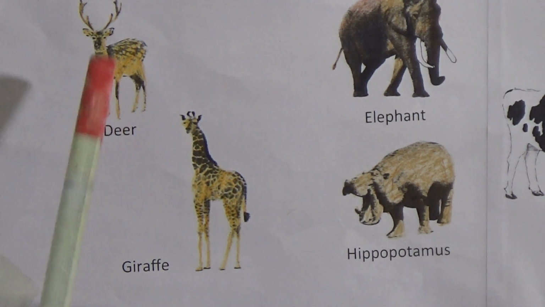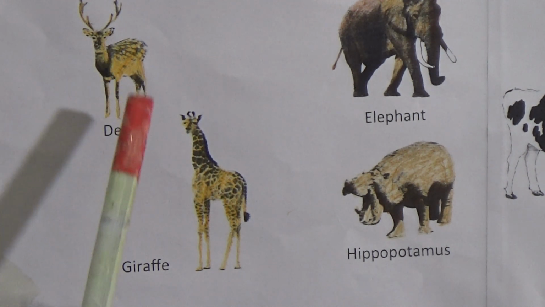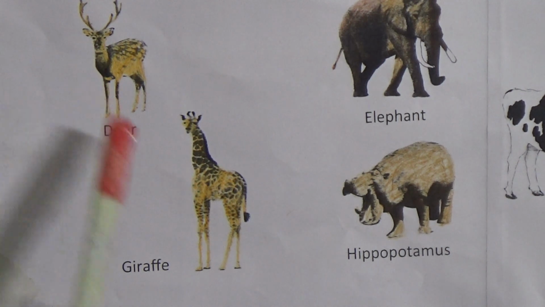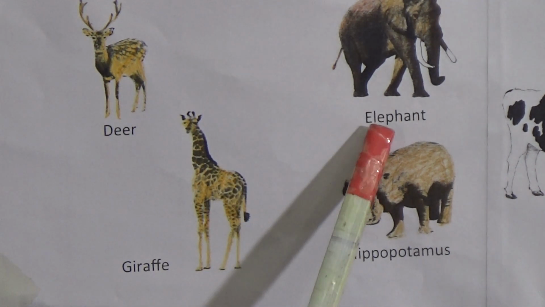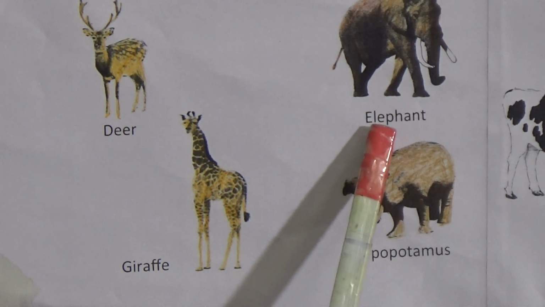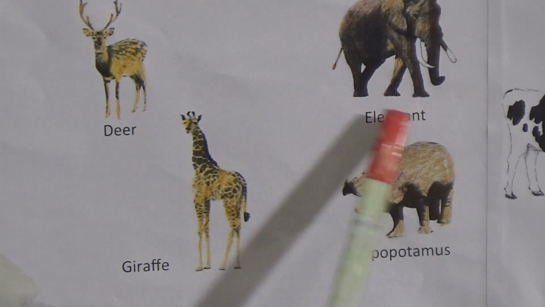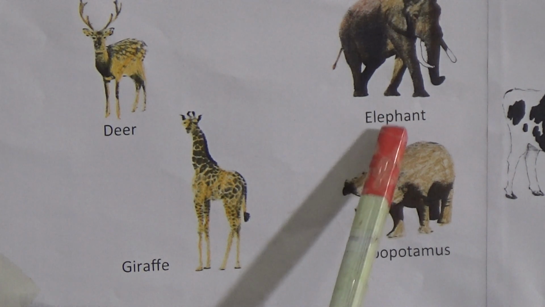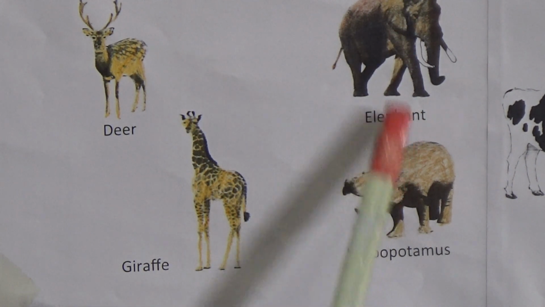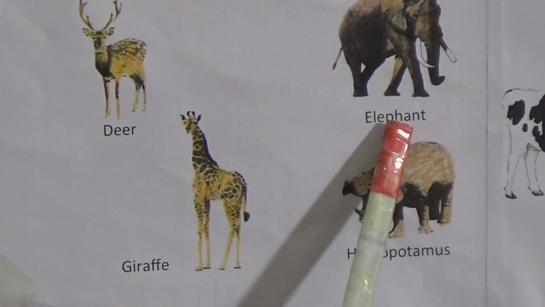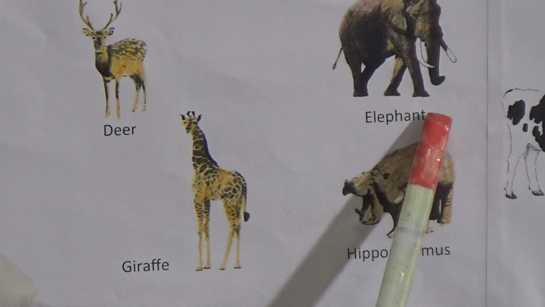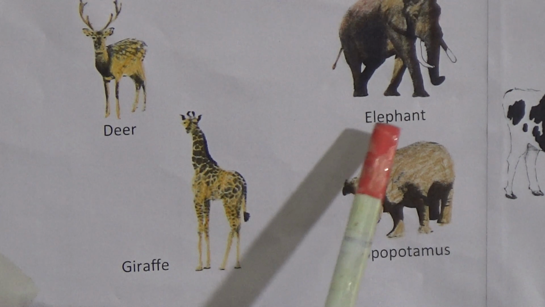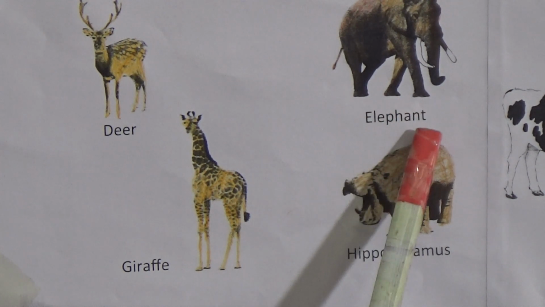The spelling of deer is D-E-E-R, deer. And here is the next picture and the name of this animal is elephant. The spelling of elephant is E-L-E-P-H-A-N-T, elephant.